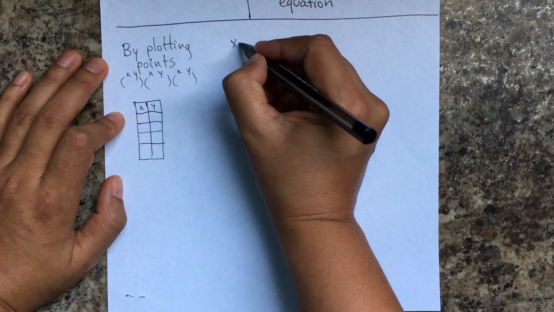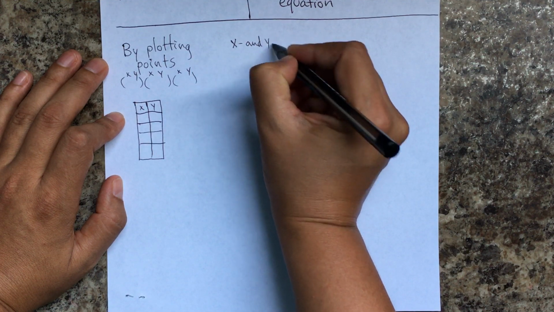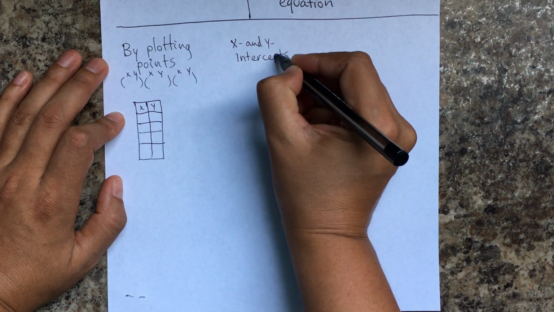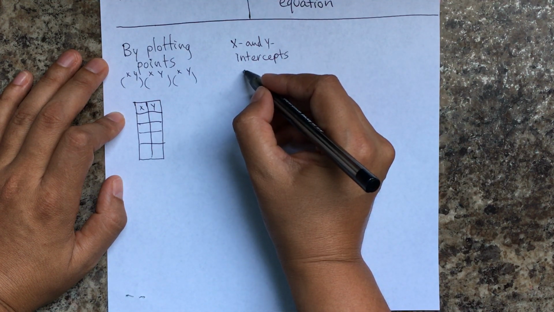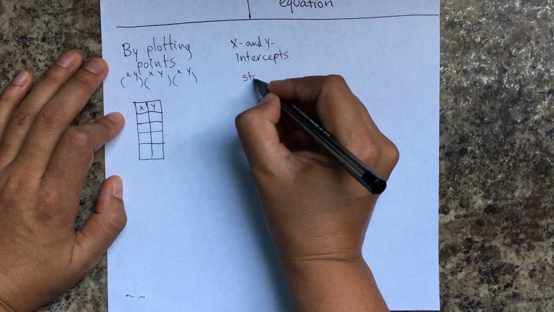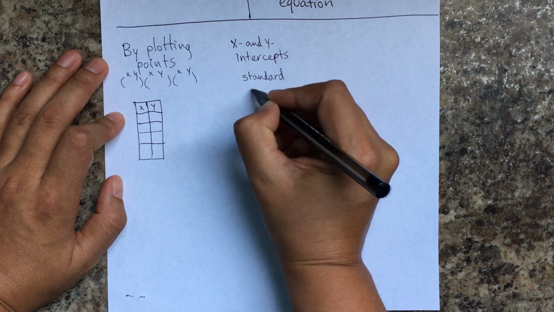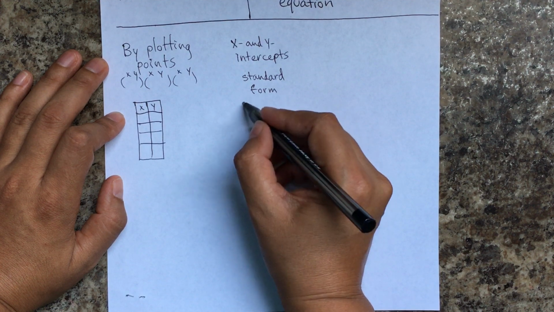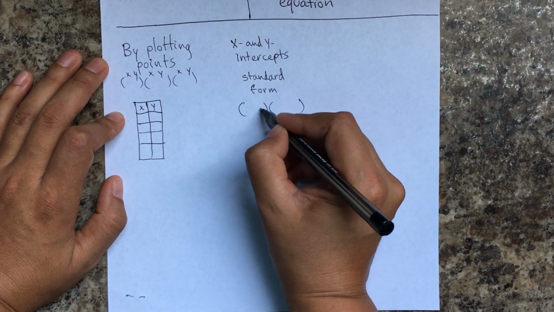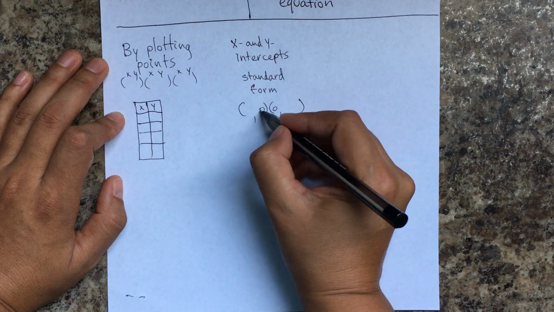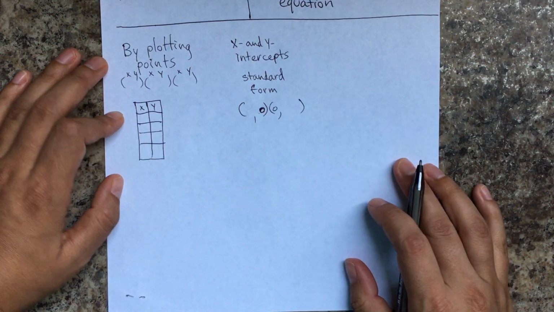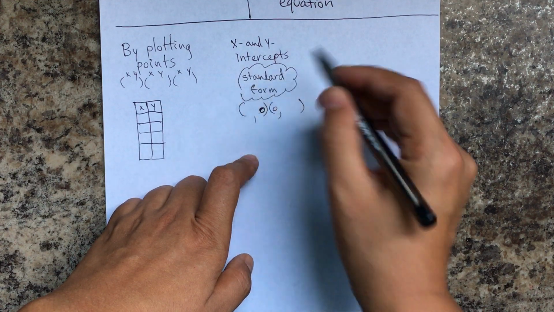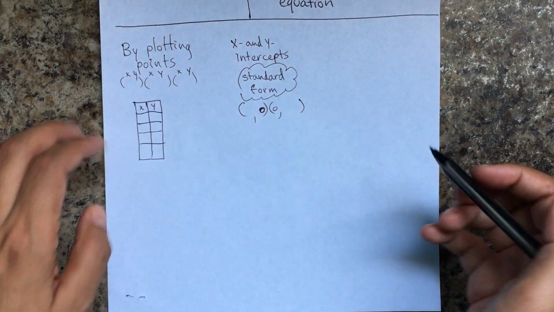Next, we learn the X and Y intercepts. And ideally, it's when the equation is in standard form. Okay, basically that's when we do, if you recall, the intercepts. Again, we can use it with any of the equations, but it's better when it's in standard form, when X and Y are on the left of the equal sign.